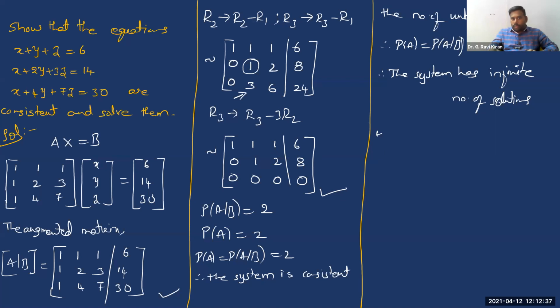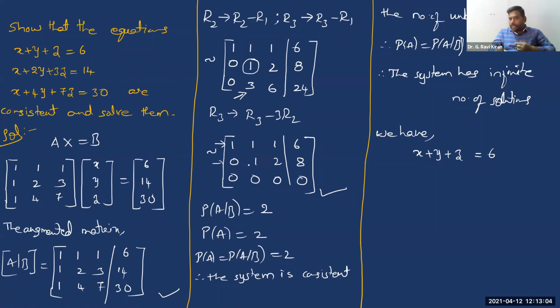So from this, if you write again the system of equations, see what you have from the first row in this reduced augmented matrix: these 1, 1, 1, 6 are the coefficients of unknowns X, Y, Z. So the first equation you'll get is X plus Y plus Z is equal to 6. Now from the second row, you see the first coefficient is 0, which means the coefficient of the first unknown is 0.